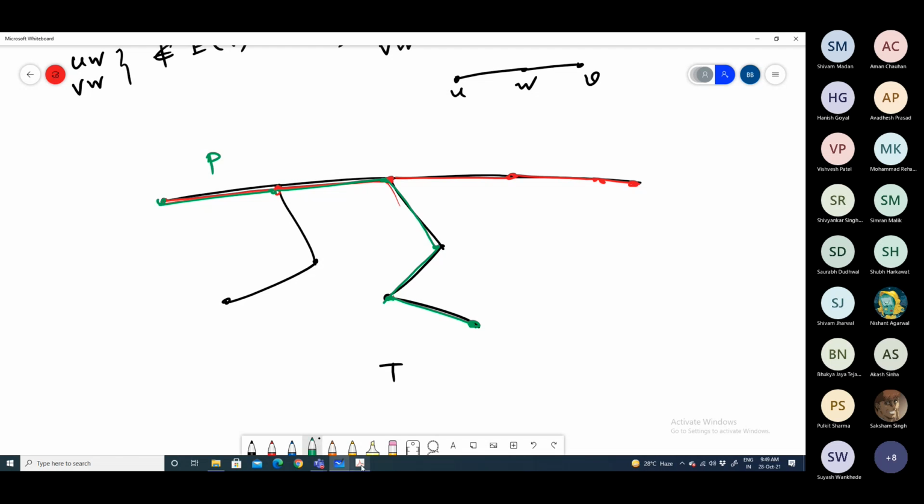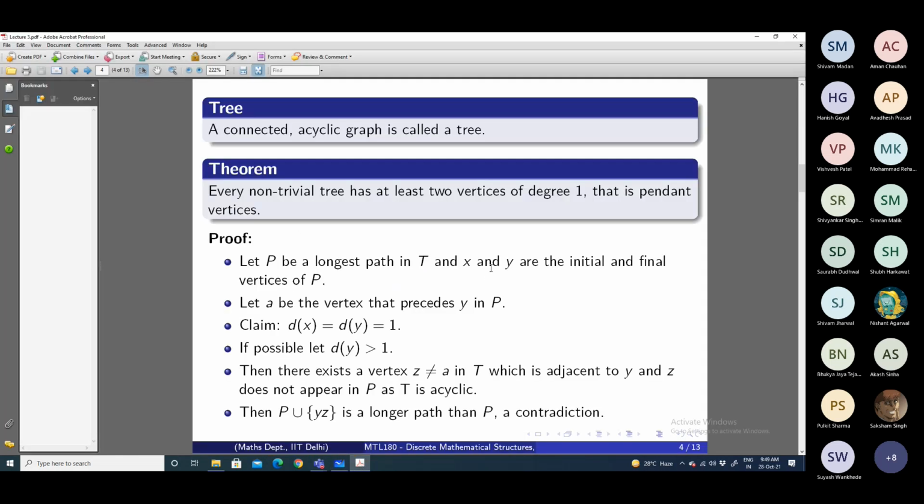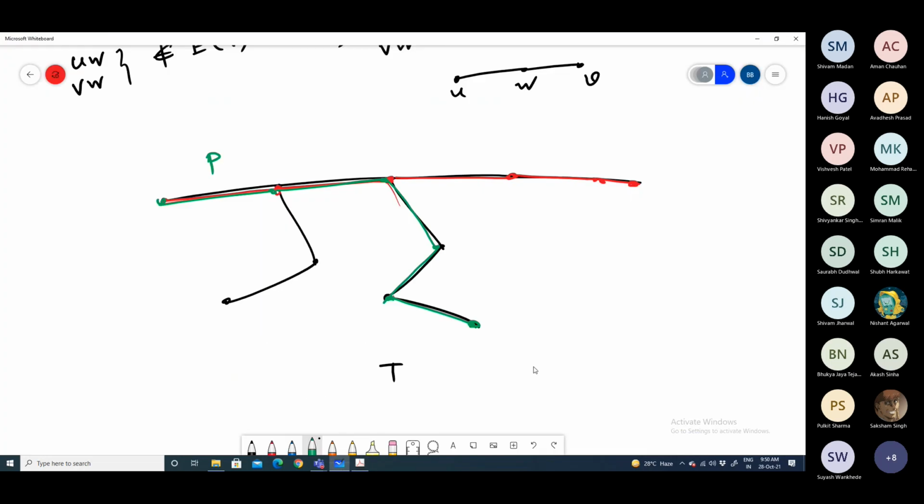Let X and Y be the initial and final vertices of P. Say this is your X and this is your Y. Now we claim that degree of X and degree of Y both are 1. If you have a longest path and you take the initial point and final point, their degree should be 1.